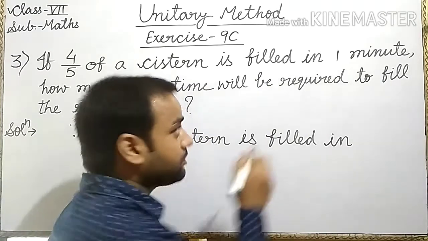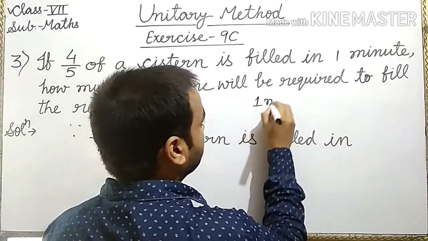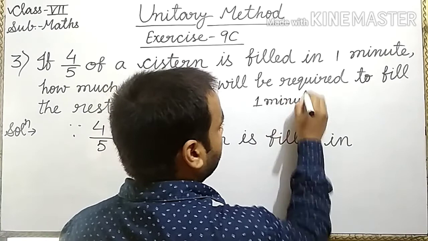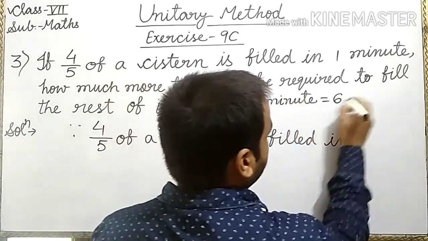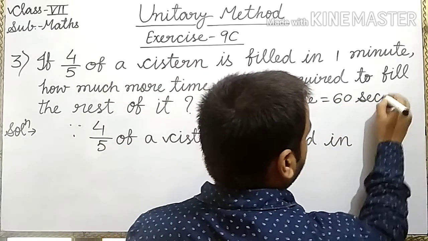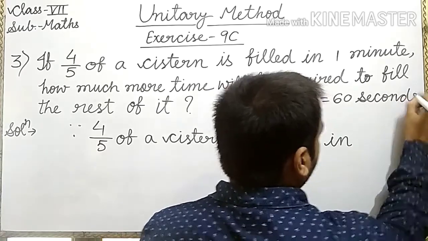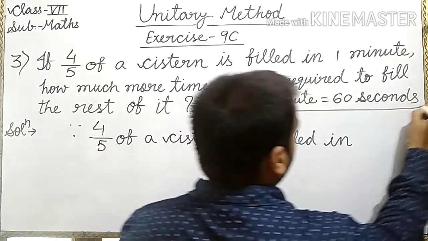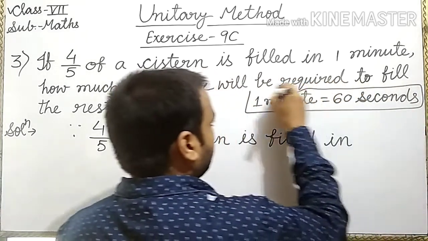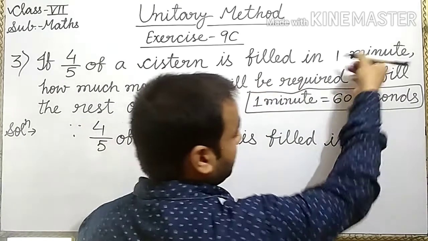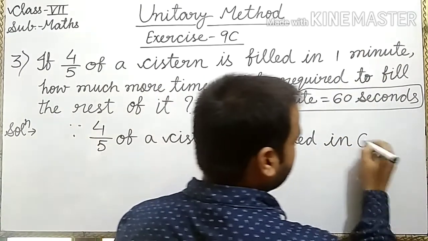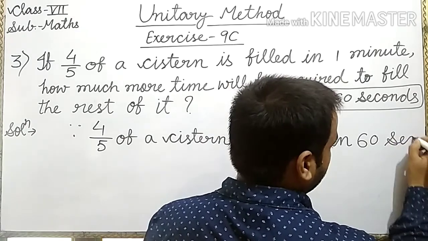We know that 1 minute is equal to 60 seconds. Here write in the place of 1 minute, 60 seconds.